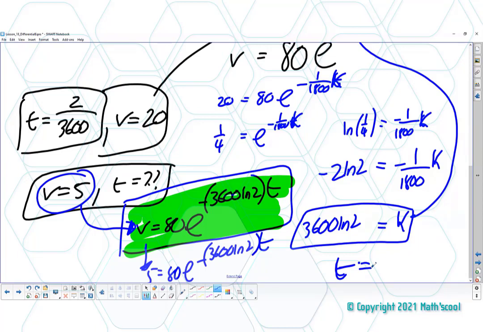T will come out in hours, so you might as well multiply it by 3600 to turn it back into seconds.